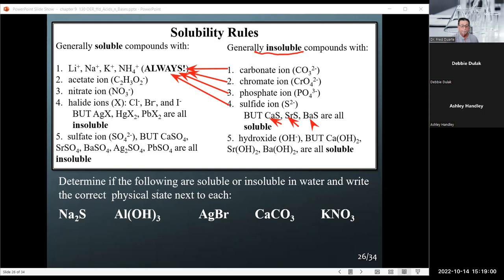So there are 4, 5, 6, 7 examples of sulfides that are soluble, and every other example is insoluble. And then here we go with the hydroxide, the bases. All the hydroxides are insoluble, making them weak bases, except the big 4, and also calcium, barium, and strontium.